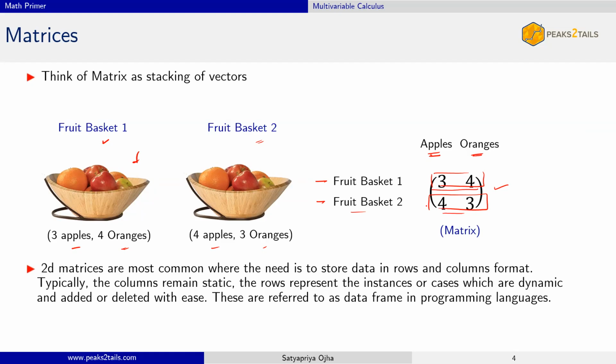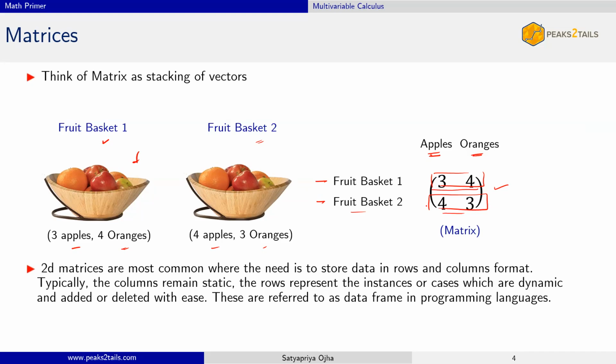Now, I could use fruit basket as columns, and the apples and oranges can become rows, but that is not ideal. That is not how we encode the information in the world. If you're familiar with databases or data frames, we'll be working with a lot of data frame objects very soon using pandas in Python.